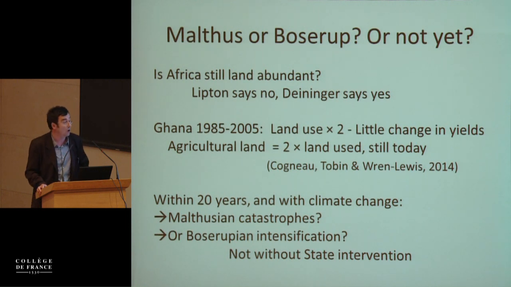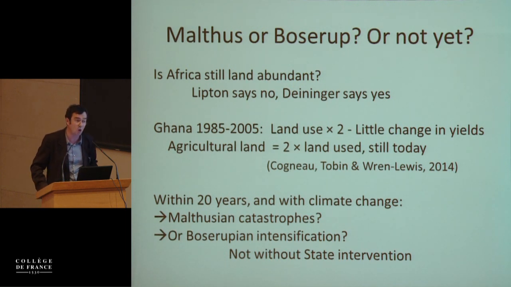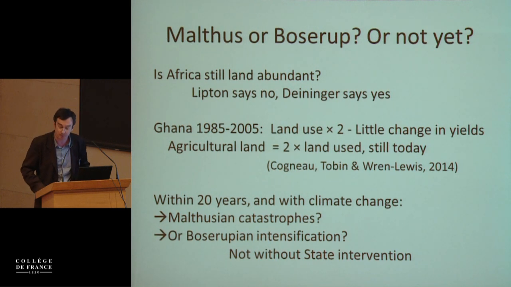If you refer to Michael Lipton, who is a very well-known specialist of smallholder agriculture in developing countries, he would say, no, there is no longer cheap, accessible, good quality land available in Africa. Whereas if you refer to a World Bank expert like Klaus Deininger, he would say, yes, there are still large amounts of abundant arable land, which can be found in Africa mostly, and secondarily as well in Latin America.